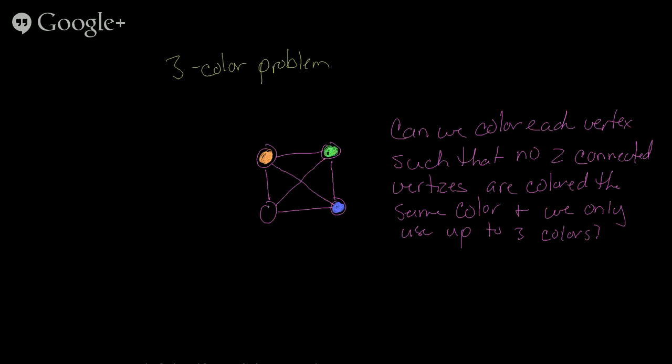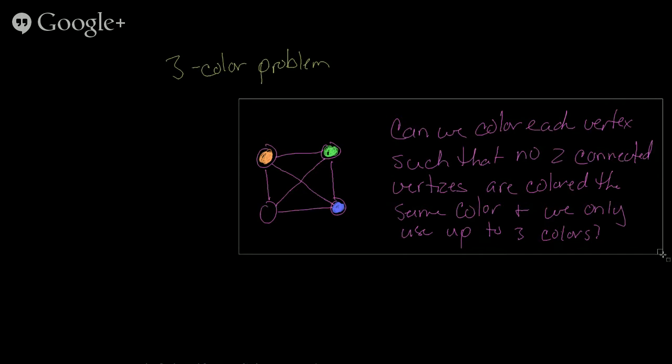But this one cannot be green because it's connected to the green one. It can't be orange because it's connected to orange. It can't be blue because it's connected to blue. So here we cannot solve the 3-color problem. But anyway, that's not what we're checking for. We are just saying we have a potential solution, and we just want to check to see if the solution actually works. So that's the 3-color problem itself.